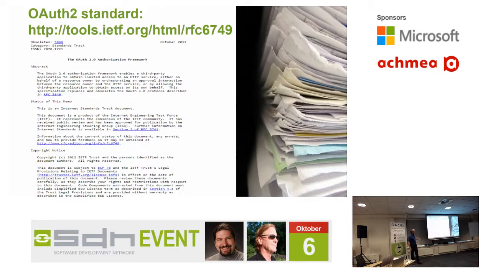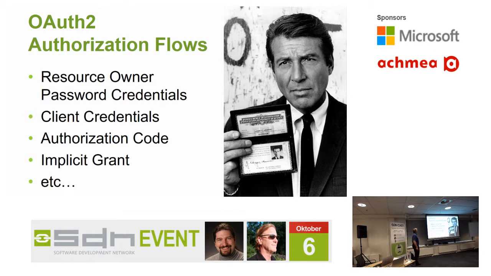So this OAuth 2 standard's about 75 pages long. It refers to other standards. It's not something to undertake lightly, and I've decided actually not to go through the whole of this today, much to your disappointment. There are OAuth 2 authorization flows, of which these last two are probably the most important: the authorization code flow and the implicit grant, and there are other ones that you can use as well.